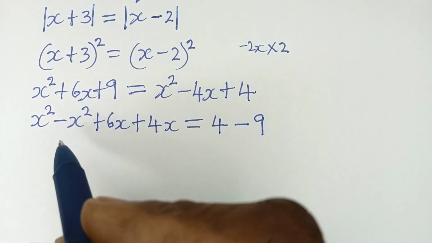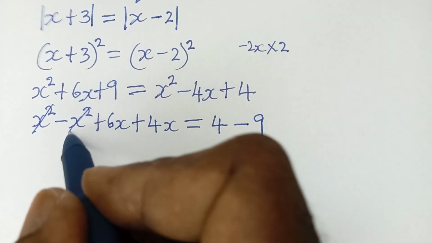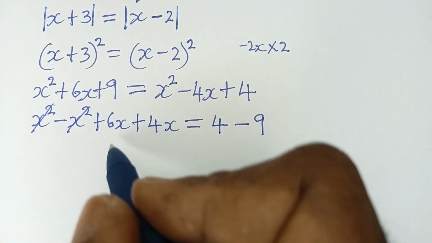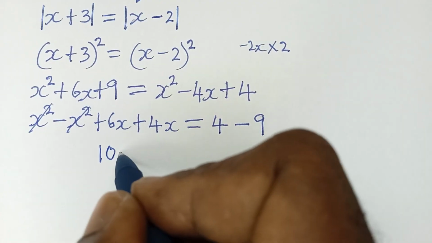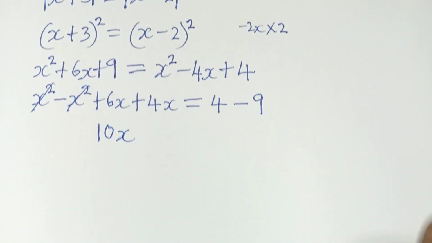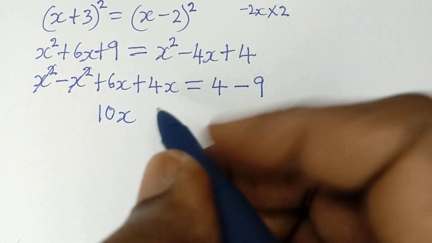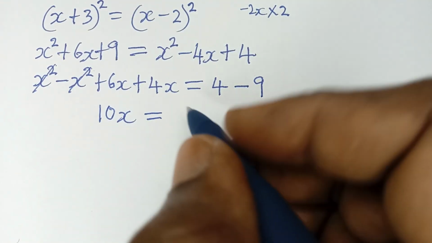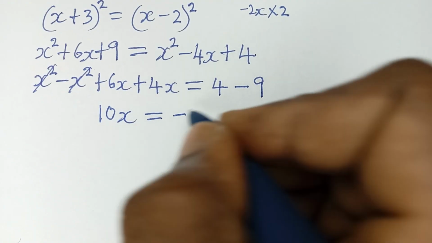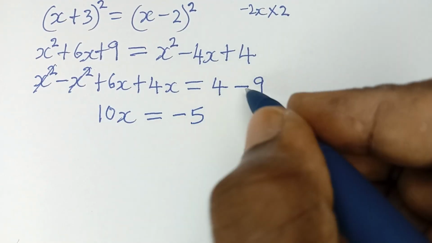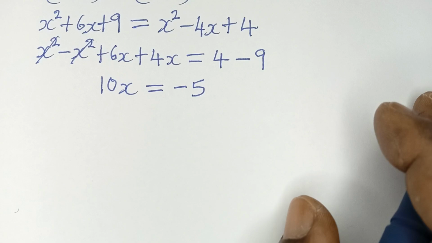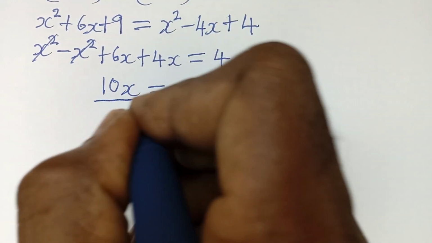So what do I have next? x squared minus x squared is 0. 6x plus 4x will give me 10x. So I have 10x there, and 10x will be equal to 4 minus 9, which gives me negative 5. So in order to get x, I'm going to divide both sides by 10.